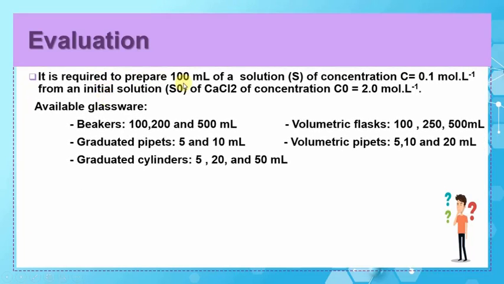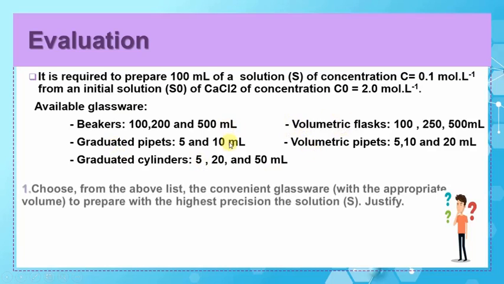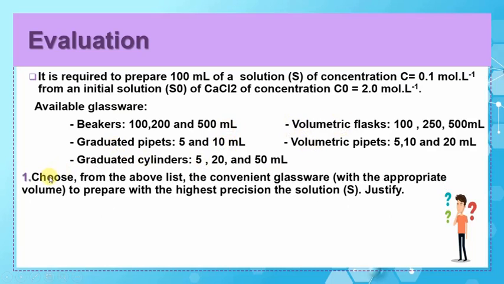Evaluation time. It's required to prepare 100 milliliter of a solution S of concentration 0.1 mole per liter from an initial solution S0 of CaCl2 of concentration C0 equal 2 mole per liter. Available glassware: beakers, graduated pipettes, graduated cylinders, volumetric flask, volumetric pipettes of different capacities. Question number 1.